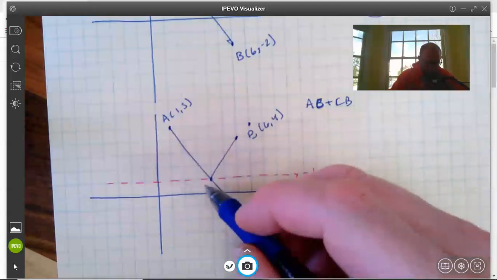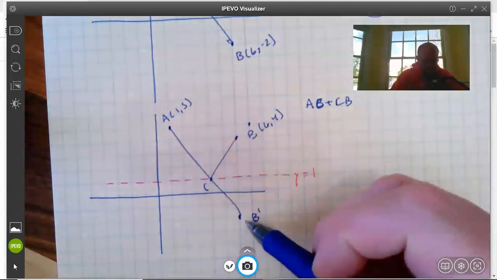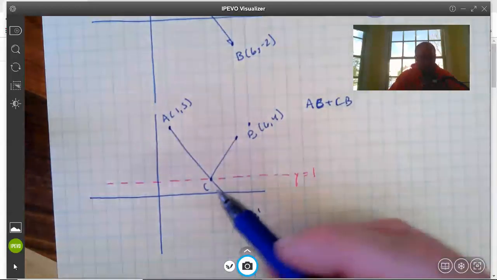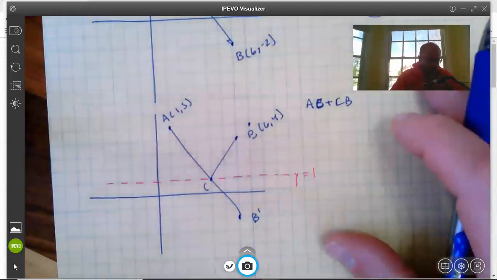So the distance from A to C to B will be the same as A to C to B prime, and with C being here it is the shortest possible because it's a straight line. So now we just have to figure out where point C is.